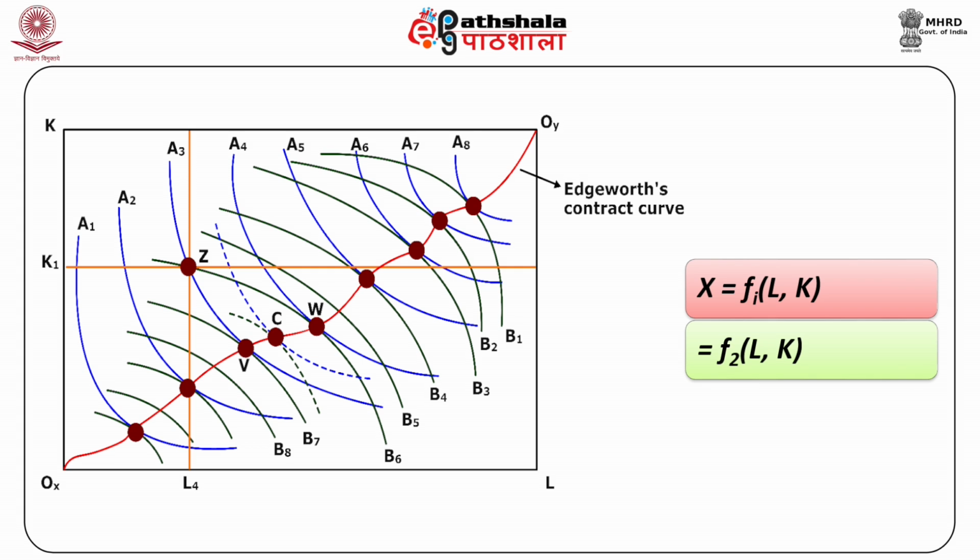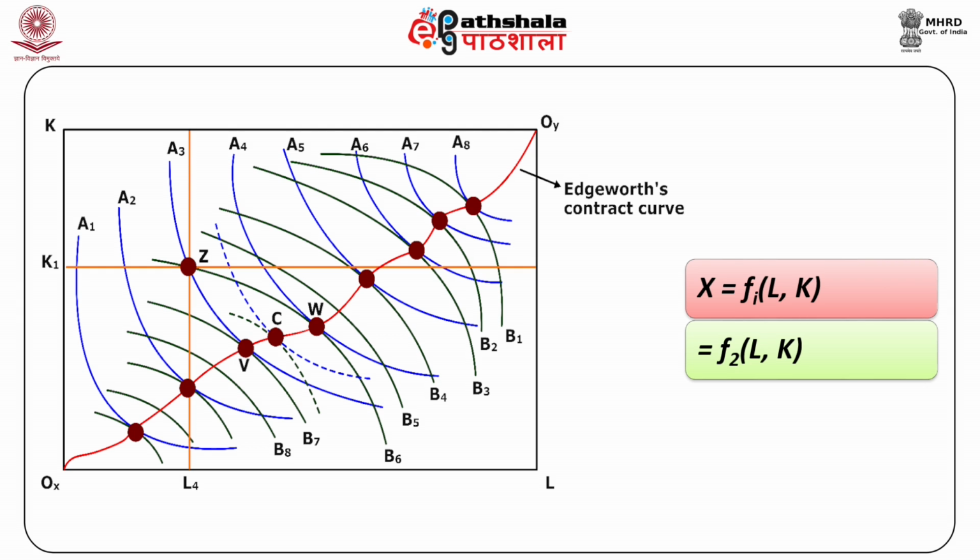As you go along towards the left from V, what you would notice is that again we have tangency between A2 and B9. So, some of the isoquants beyond B8 have actually not been named. Now, we have a set of points. Each of these points is given as a dark spot.